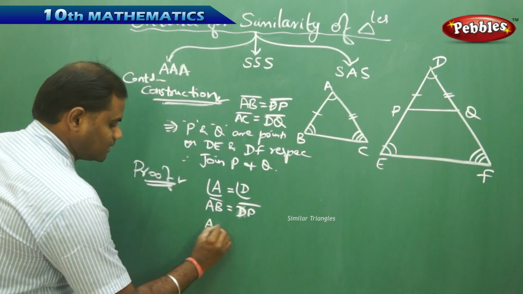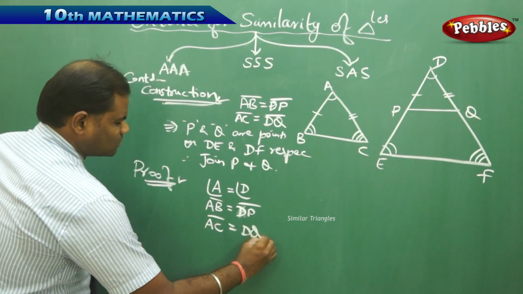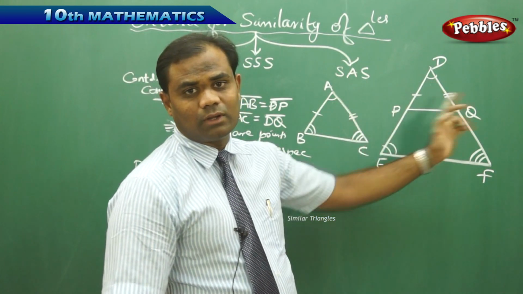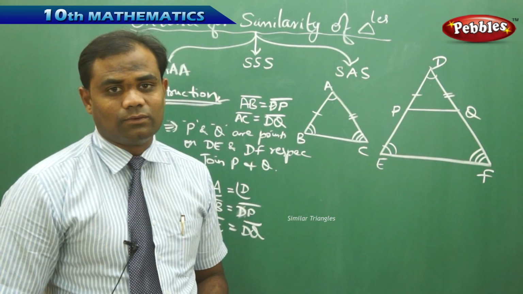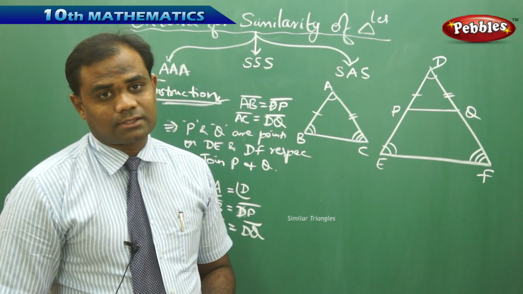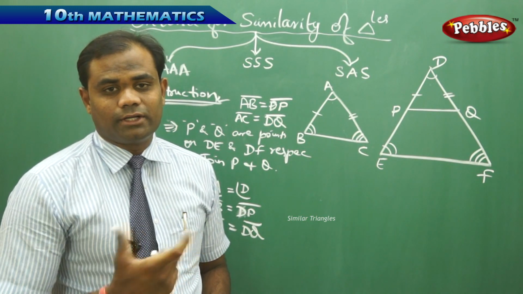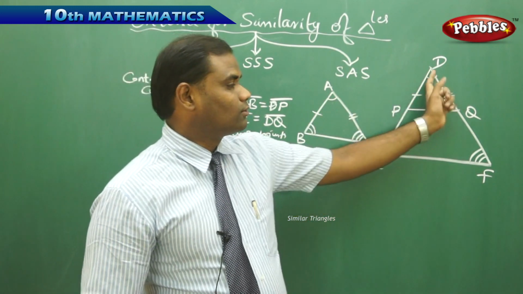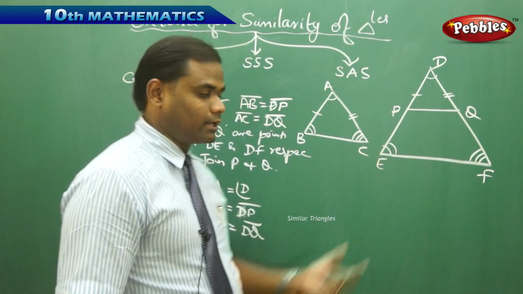Therefore, I have one angle, one side, and one more side correspondingly equal, which implies this is SAS congruency. We have already dealt with congruency of triangles where side angle side congruency applies for these two triangles.